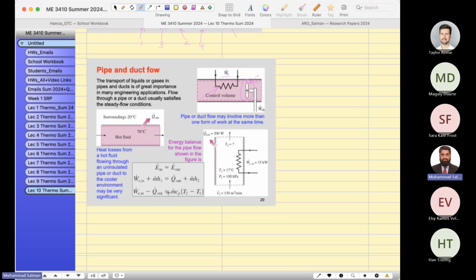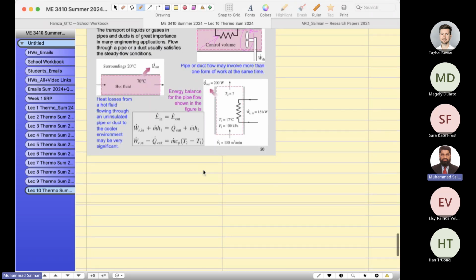Okay, let's apply the first law to the pipe and duct flow over here. The rate of energy going in is on the left, and the right hand side is the exit. So W dot in is on the left hand side, m dot h1 is the entry, this is the exit, and heat is also exiting the system.